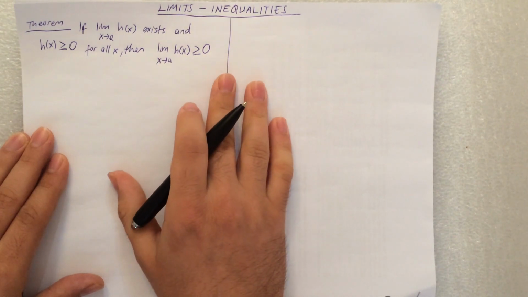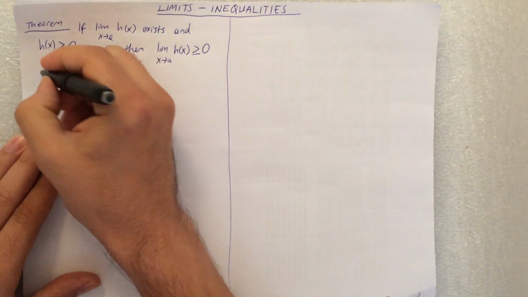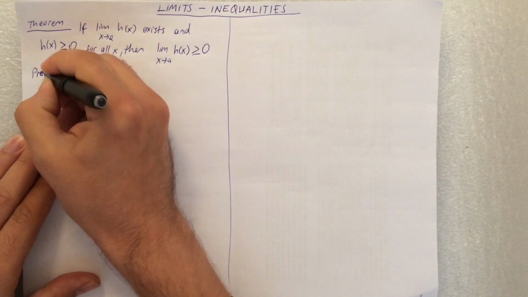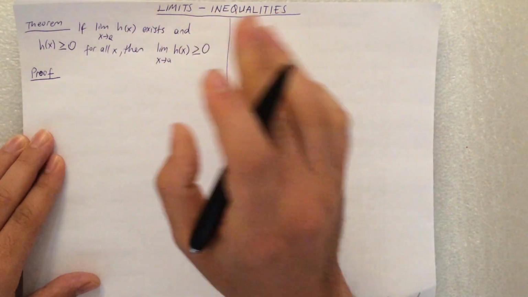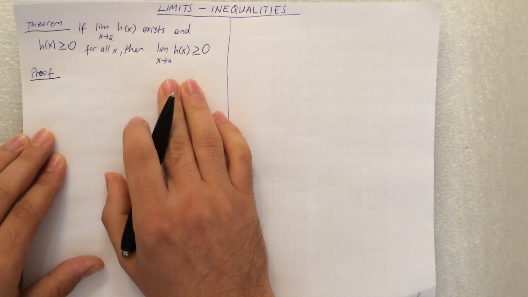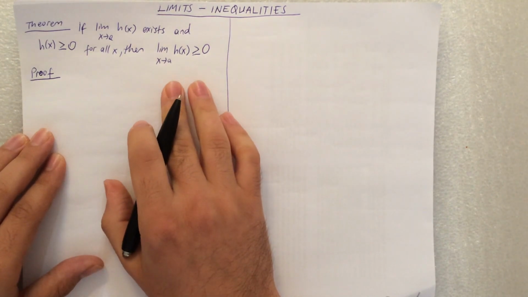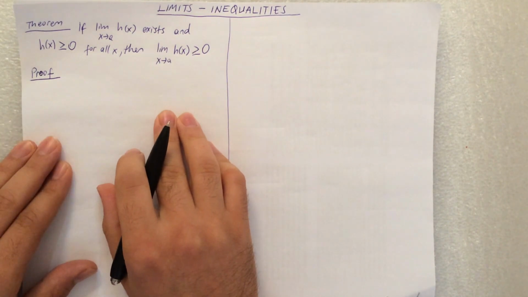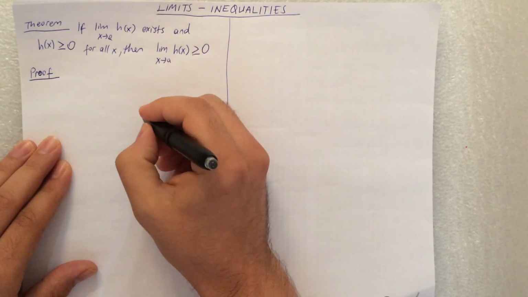This looks intuitively true, but we need to give the proof to better understand it. And once you prove this, this is a very useful theorem that one can use repeatedly in many examples.